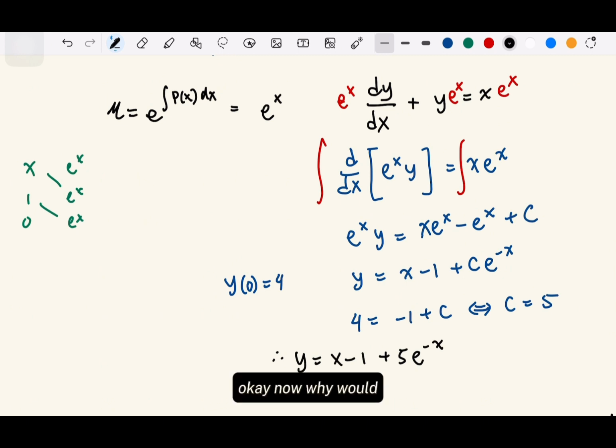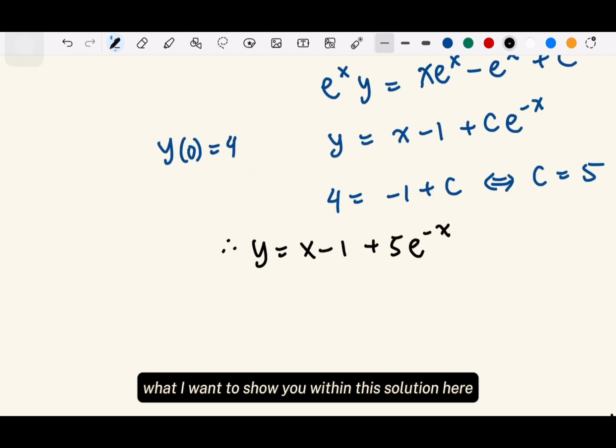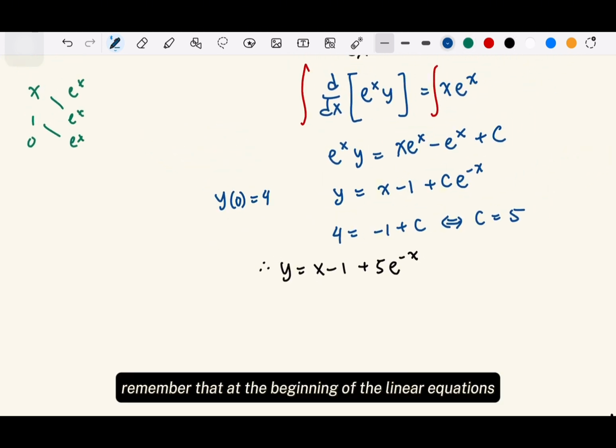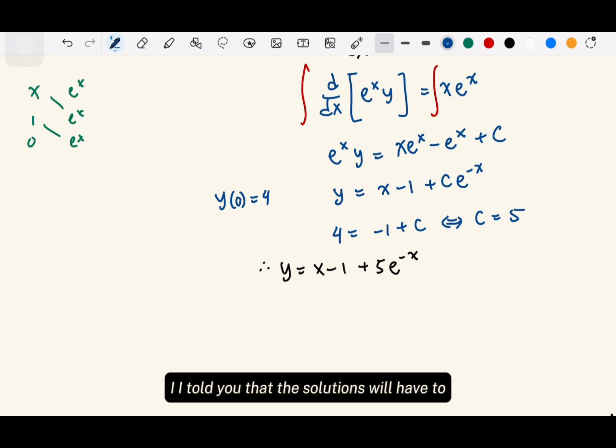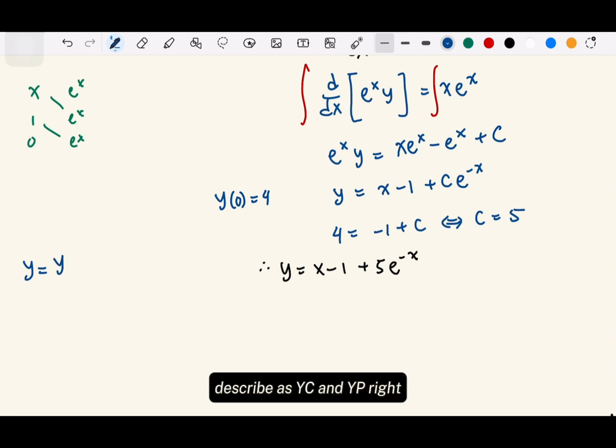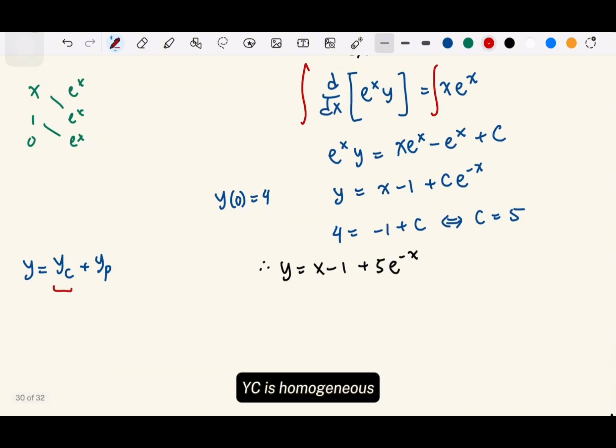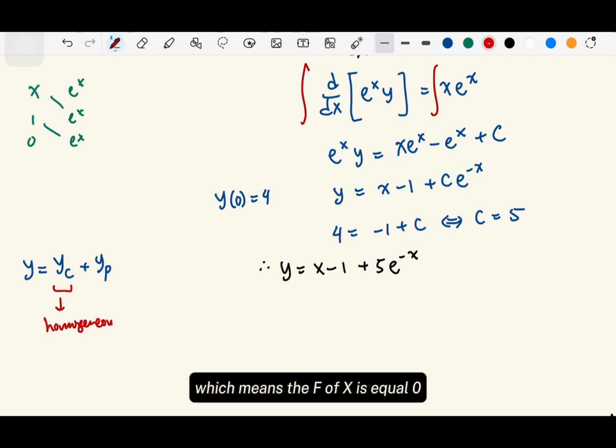Okay, now what I want to show you within this solution here, remember that at the beginning of the linear equations, I told you that the solutions will have at least two main solutions, which we describe as YC and YP. Right? YC is homogeneous, which means the f of x is equal to 0, and YP is for non-homogeneous.